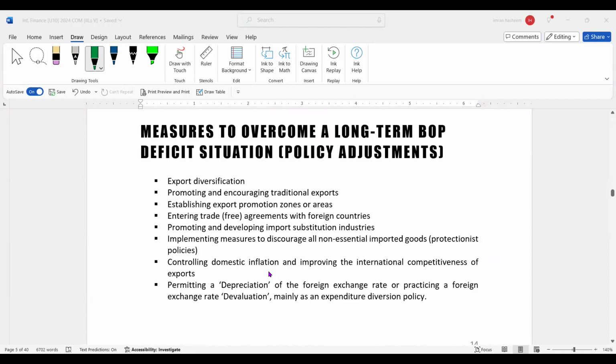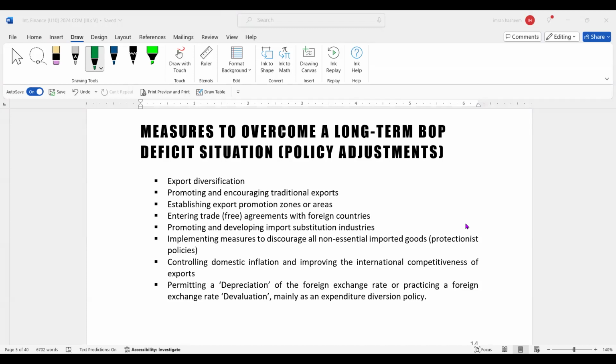Right. So do those. Then we come to a bit of an important area. Sri Lanka as a country, we have had rather bad experience with the balance of payments, especially the current account, especially the trade account. And we have long-term BOP deficit situations.